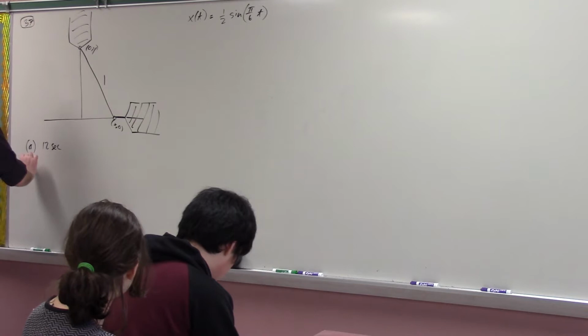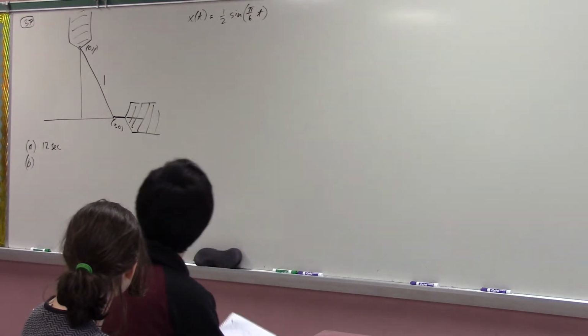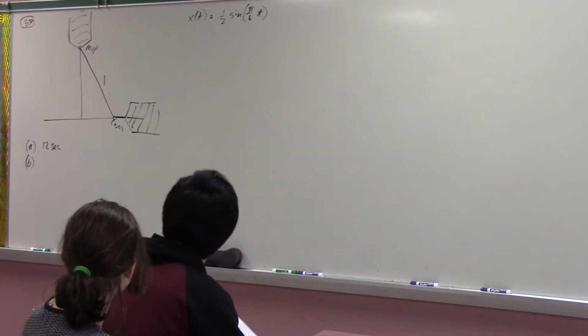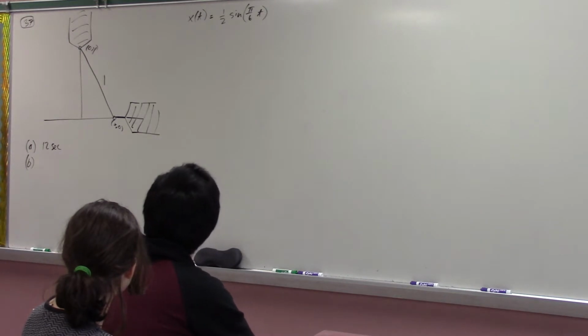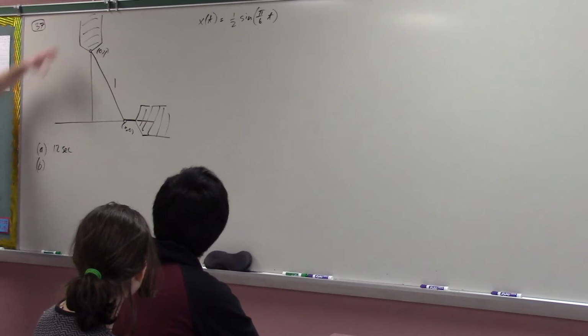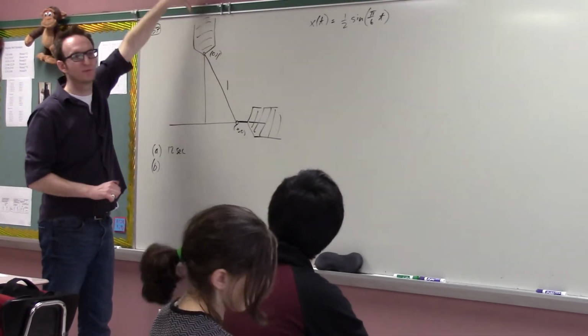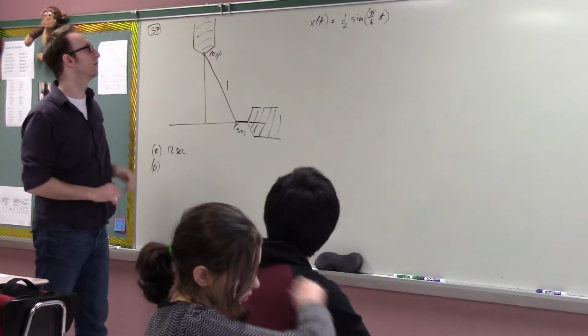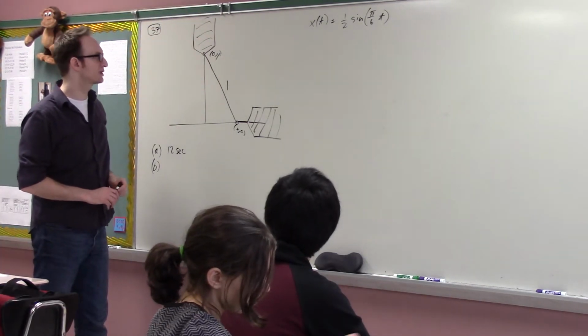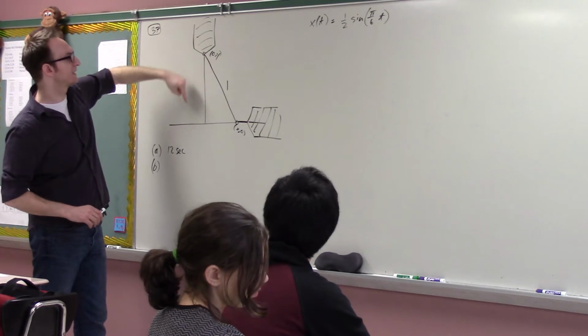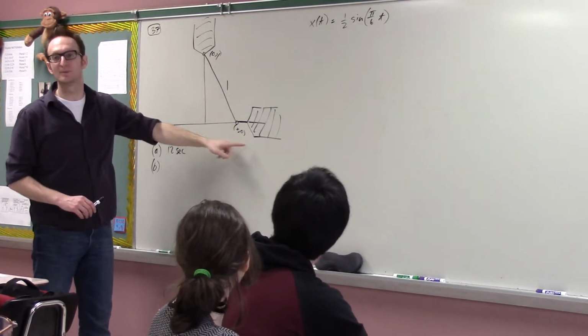And then there was another introductory question, which said, what is the lowest point reached by the end of the rod on the y-axis? All right, so how far down does this piston go? What's its lowest point? Well, y will be lowest whenever x is biggest, right?